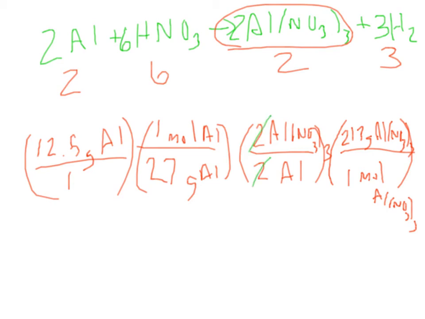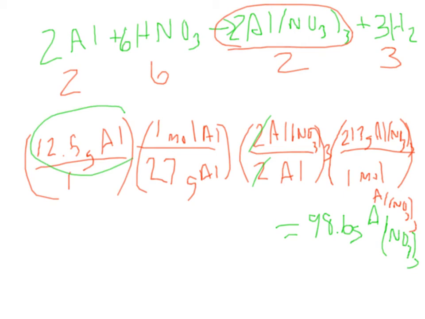So now I'm going to multiply 12.5 by 213 and divide by 27. And that comes out to be 98.6 grams AlNO3. So that's using, again, Al as my limiting reactant.